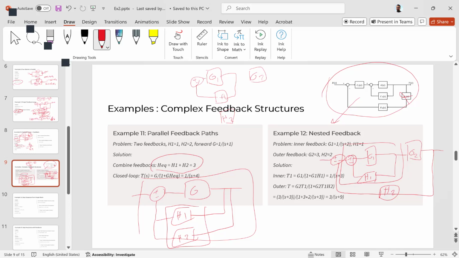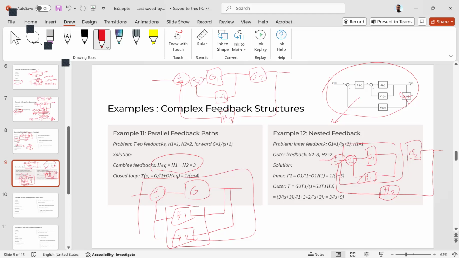And H2 would feed back the whole system. Are we good? So we have inner feedback and outer feedback. Is that clear now? Any confusion about what's happening here as a nested feedback when we have inner feedback and outer feedback? Is that good? Okay, how can we deal with that?